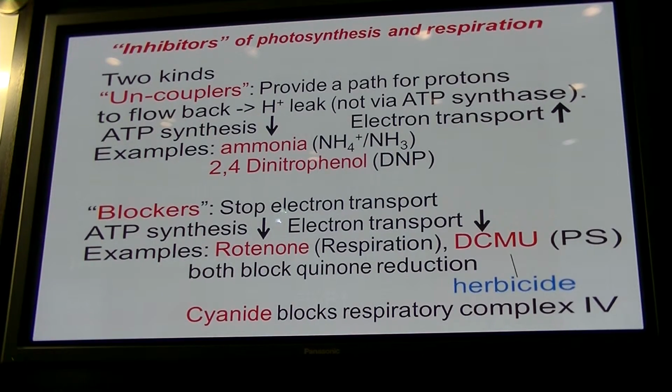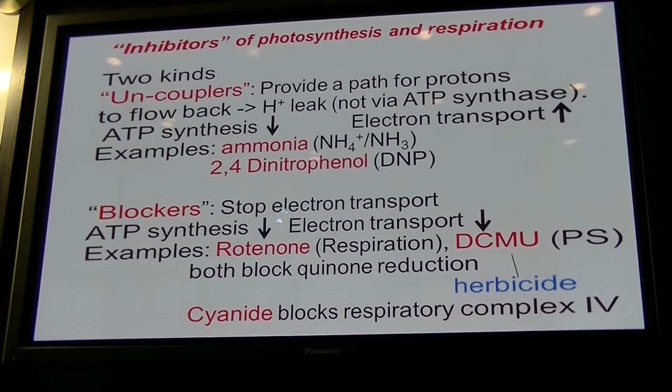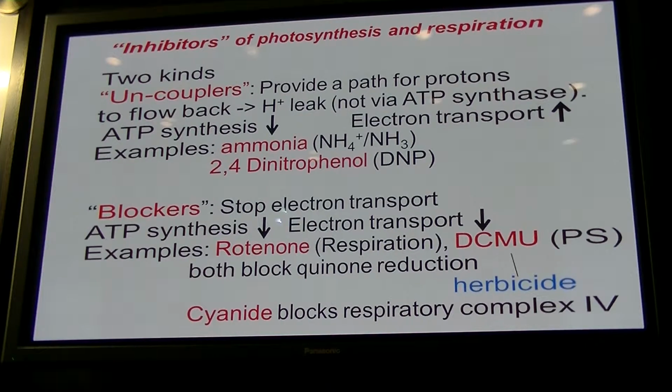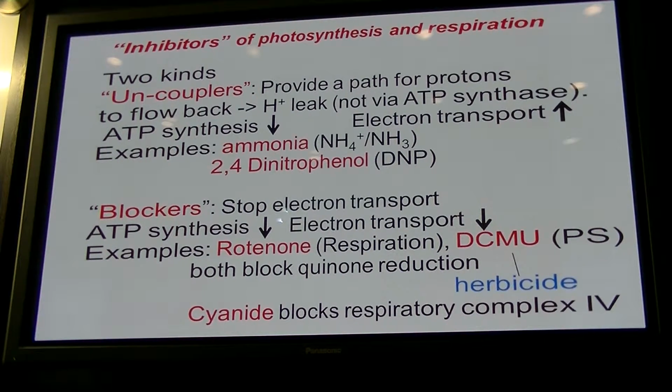Okay. Now we can inhibit photosynthesis, we can inhibit respiration. And in principle, we can do two things to inhibit the overall process. In the case of respiration, that means we inhibit ATP production. In the case of photosynthesis, that means we inhibit ATP production and/or NADP reduction. We can have two kinds.